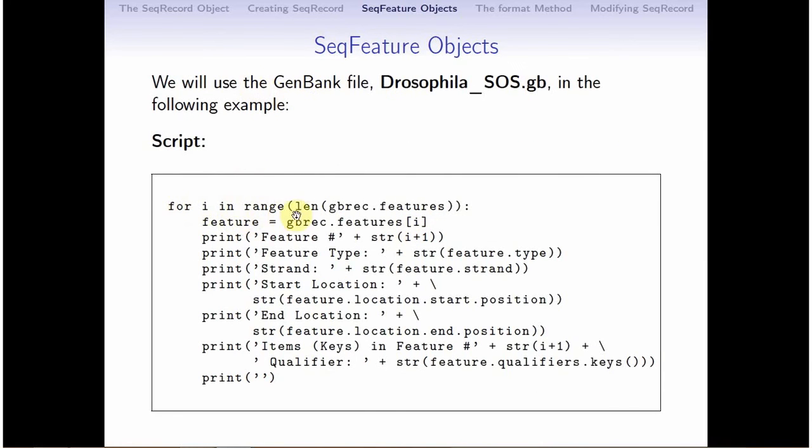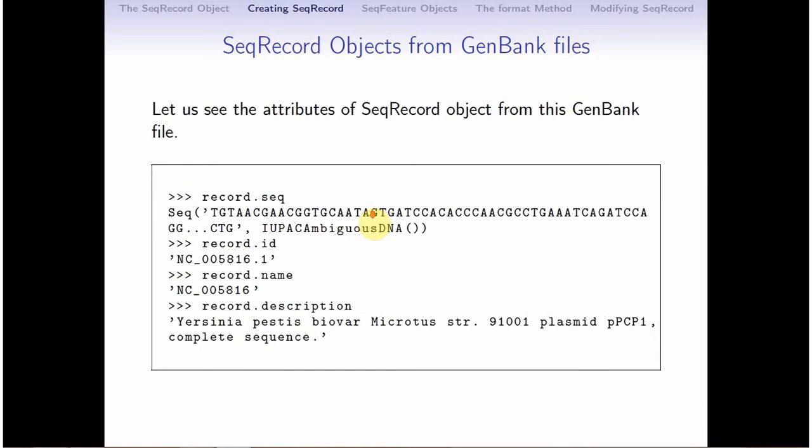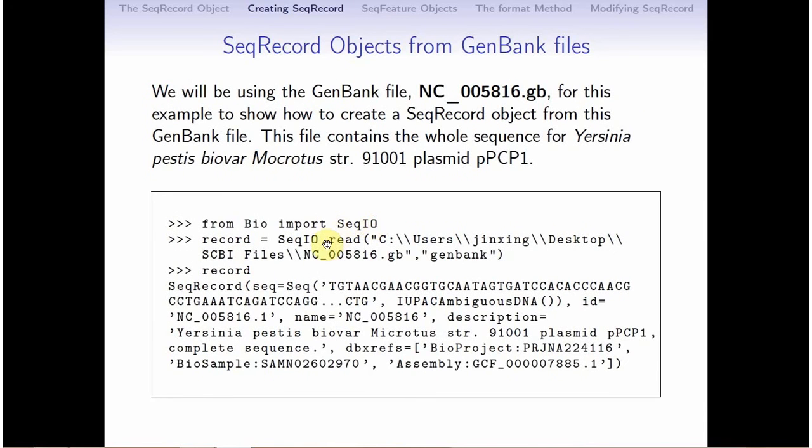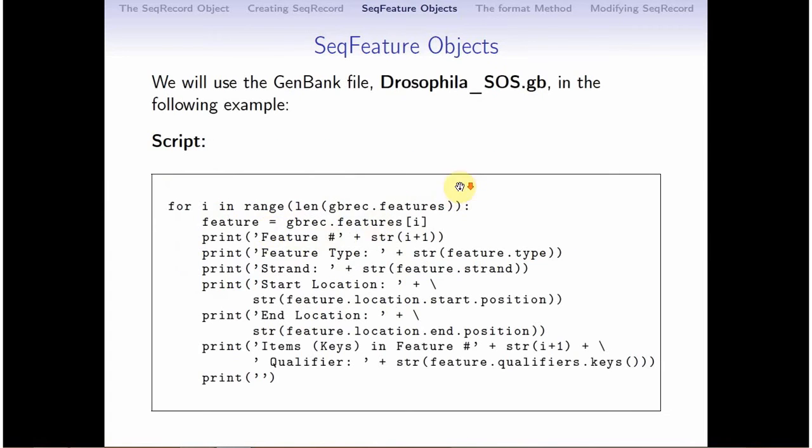For i in range of features, I saved this file under gbrec, remember? So you run through all the features, for i in range of the length of the features. So in total, how many features are there? Remember just now we got 3.